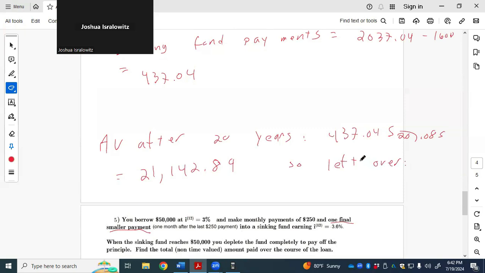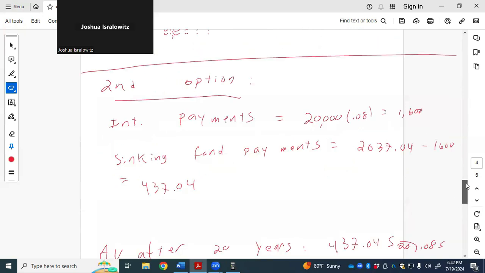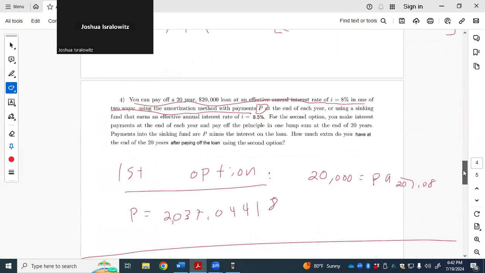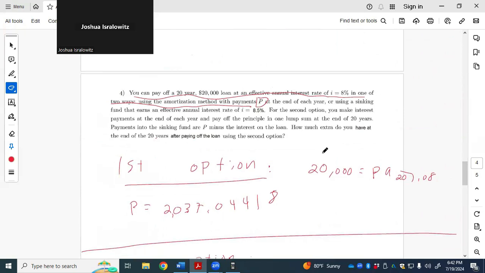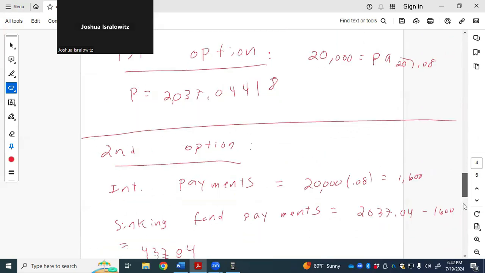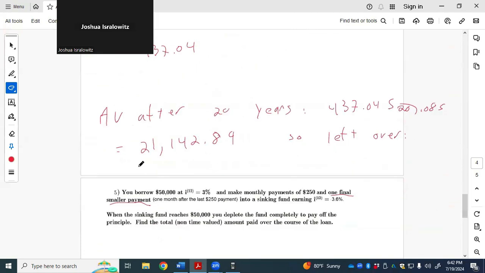All right, so what is left over or what is extra? Well, you need this accumulated value to pay off 20,000, so just subtract 20,000.